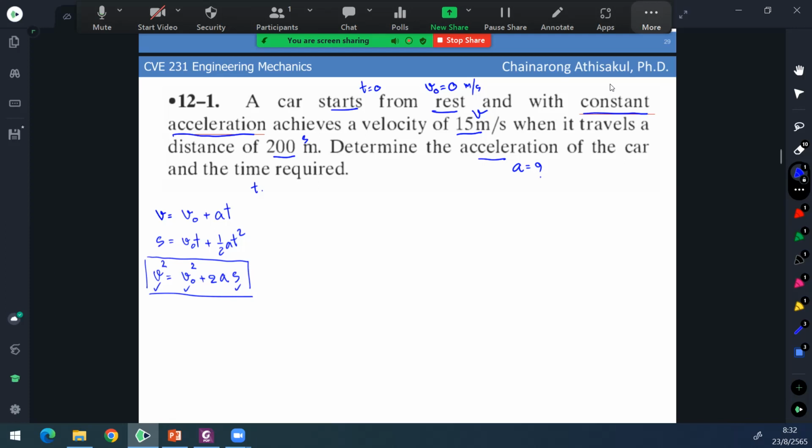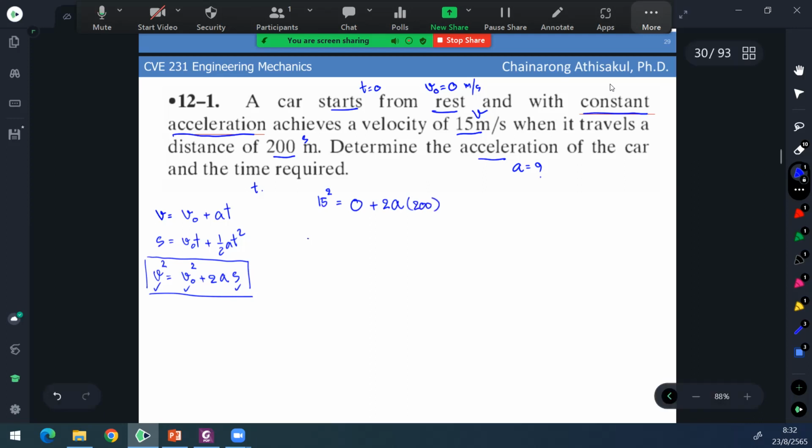We substitute v equals 15, squared, equal to v0, which is 0, plus 2a, where a is the unknown we want to find, and s equals 200.